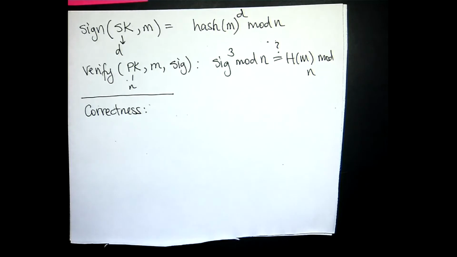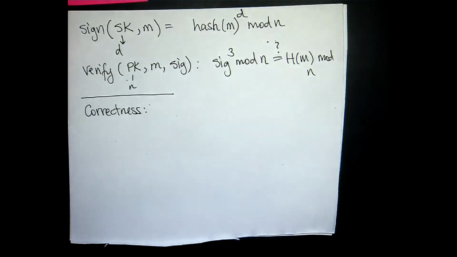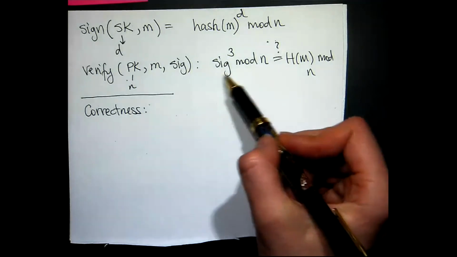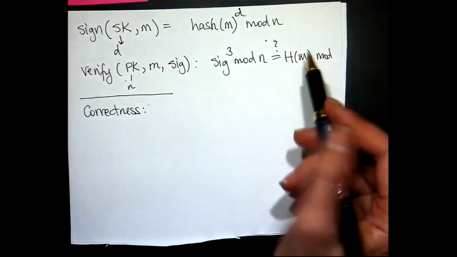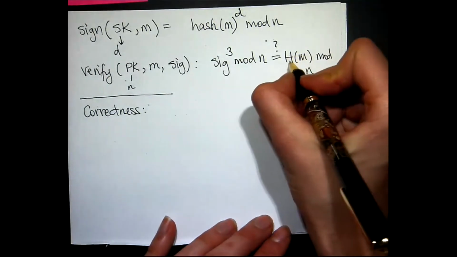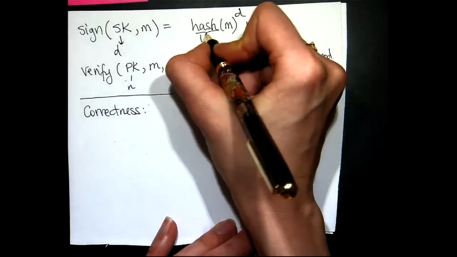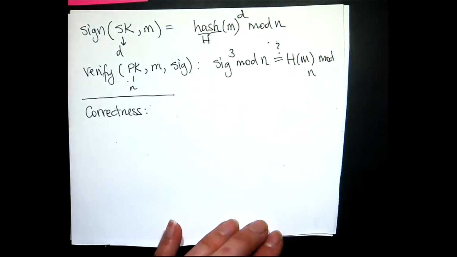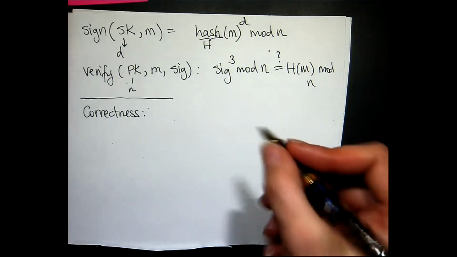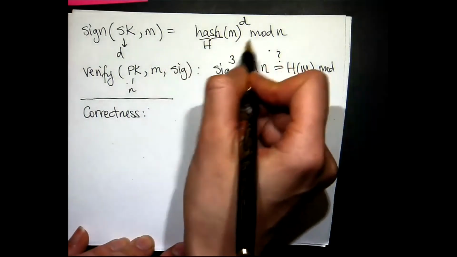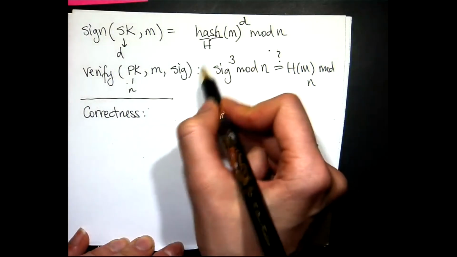First, can someone see why this is correct? Basically, we're taking the signature to the power of 3 and checking if it's equal to the hash of the message. Exactly. So let's work that out slowly. Let's take the signature and raise it to the power of 3 and see what happens.